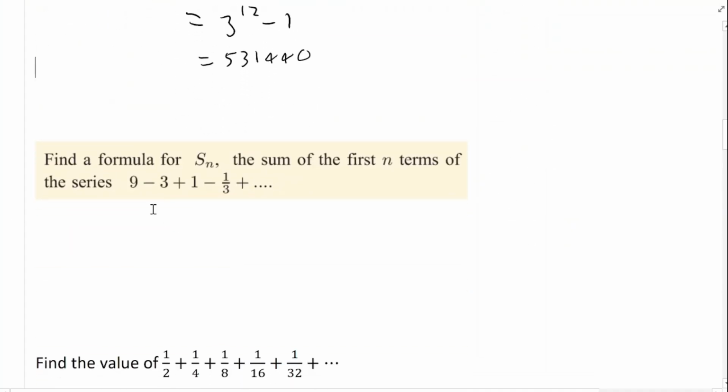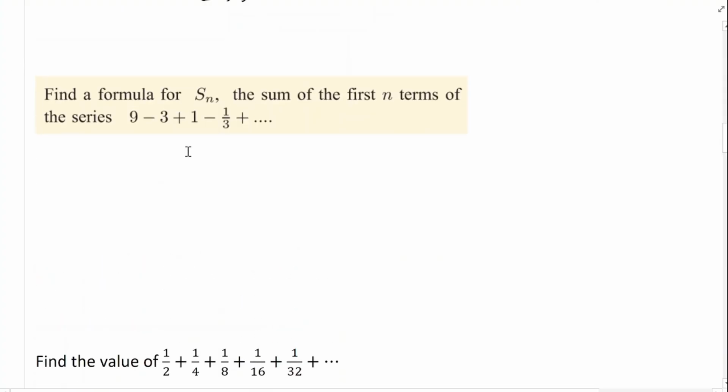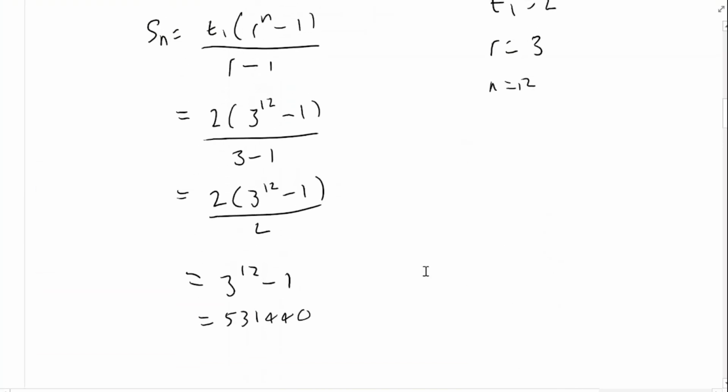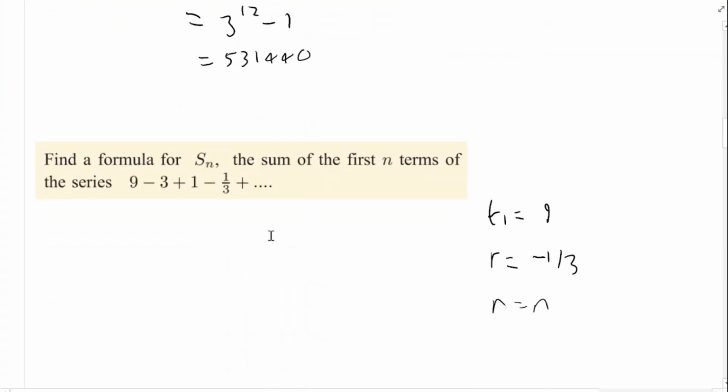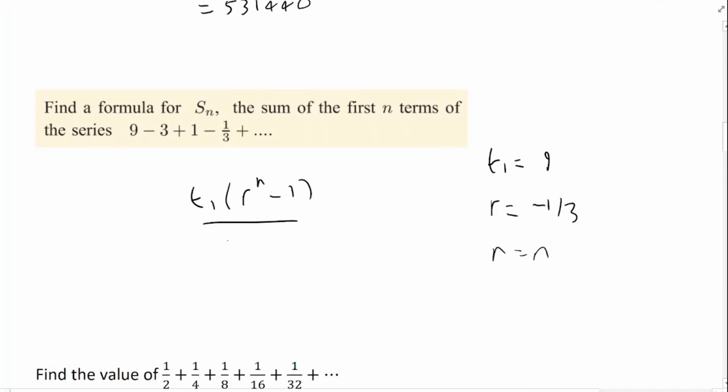Okay, find the formula for the first n terms of this series. It's a little bit weird. Basically, let's step it out again. T1 is 9, r is minus a third, and n is just n. So T1 times r to the n take 1, over r take 1 is our general form.